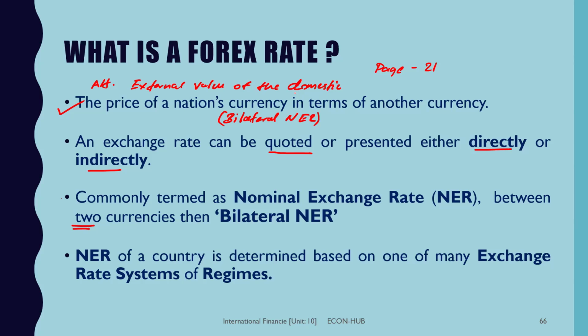We're using those words, domestic, external. So what is the exchange rate? Another way to say it is external value of the domestic currency unit. We can say the external value of the rupee is called the foreign exchange rate.